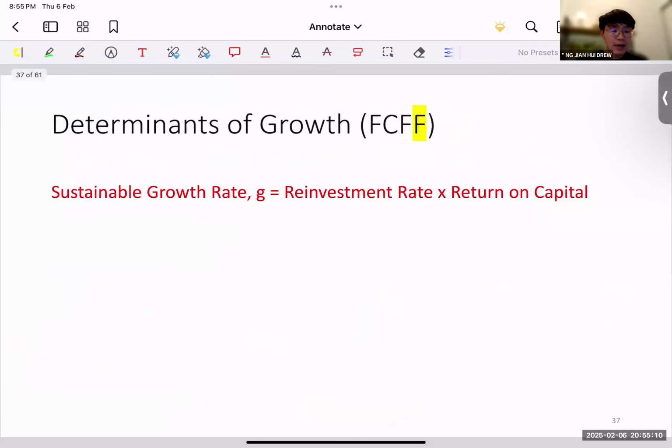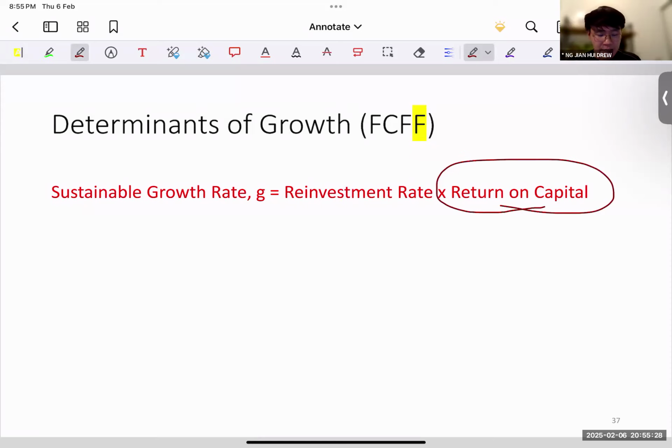Okay. Determinant of growth factor, again, is the same thing. We use the sustainable growth rate as given by reinvestment rate times your return on capital. Something to take note of is this return on capital. Do you notice what's the difference between our sustainable growth rate previously?